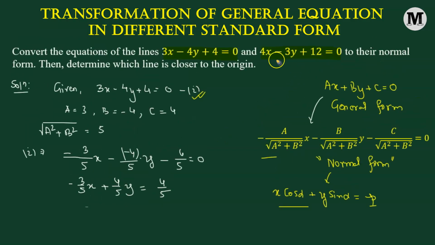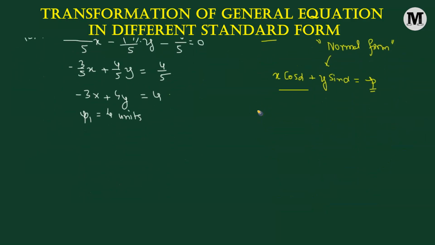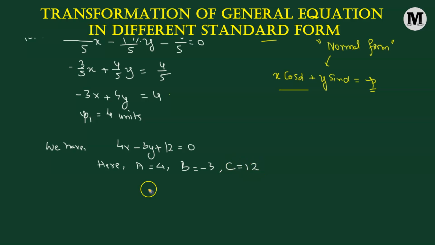Next, we're going to consider the other equation of the line, 4x minus 3y plus 12 equals 0. Here a comes out to be 4, b is negative 3, and c is 12, which implies that the square root of a squared plus b squared equals 5.